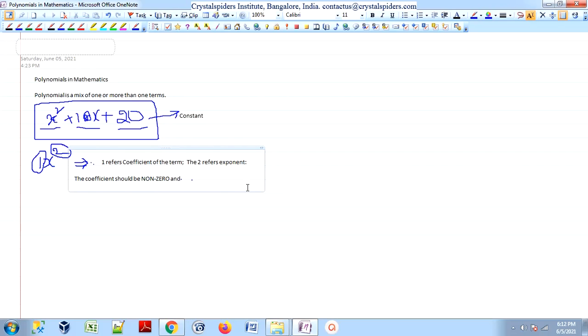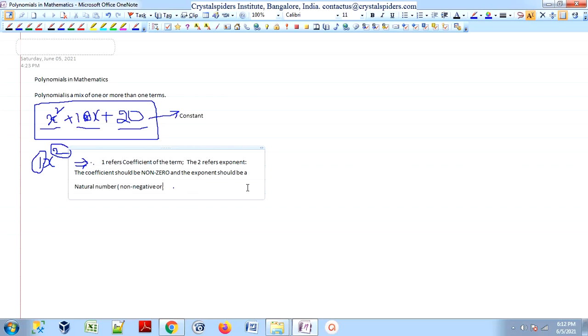And the exponent should be a natural number, that is, a non-negative whole number, not an irrational number and not decimal values, meaning point values.